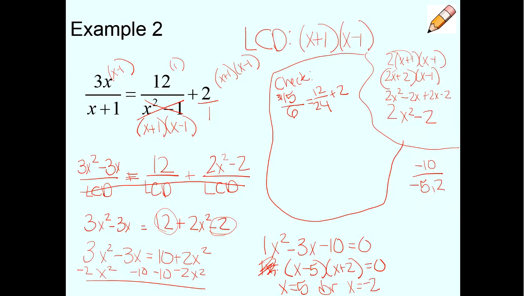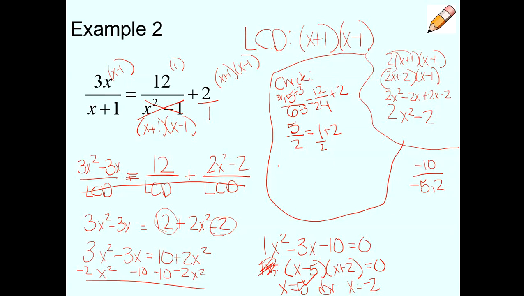So 15 over 6, I think we can divide a 3 out of both of those. So I'll get 5 halves equals 1/2 plus 2, right? Because 12 divided by 24 is 1/2. This is technically 2.5, and 2.5's improper fraction is 5/2. So 5 does in fact check out.